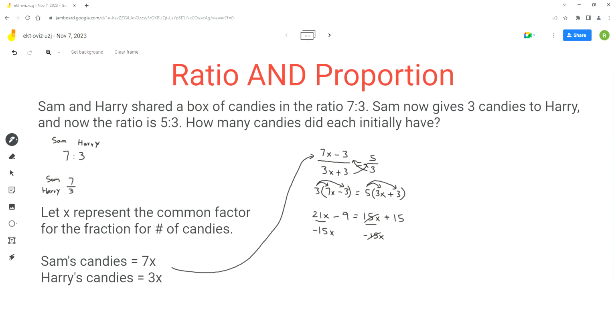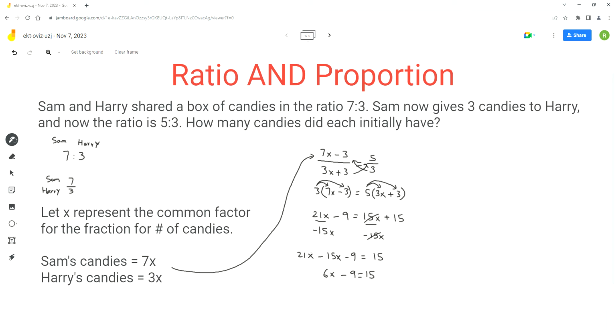So we get 21x minus 15x minus 9 equals 15. Now we can combine these like terms. So we do 21 minus 15, which is 6. So 6x minus 9 equals 15.